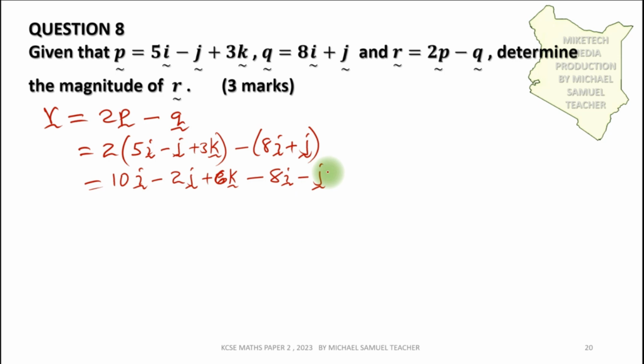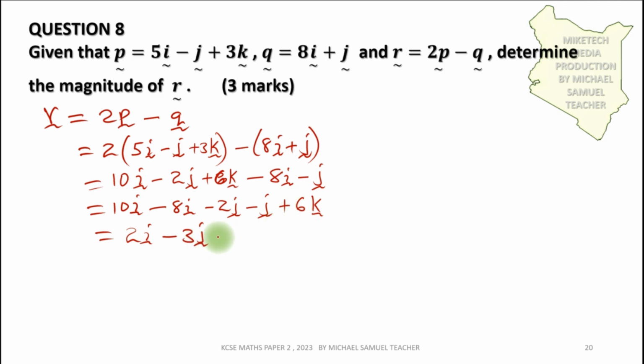Collect the like terms together. So we shall have 10i vector minus 8i vector, then minus 2j vector minus j vector plus 6k vector. So 10i minus 8i, that is 2i vector, then minus 2j minus j, that will be minus 3j vector, then plus 6k vector.